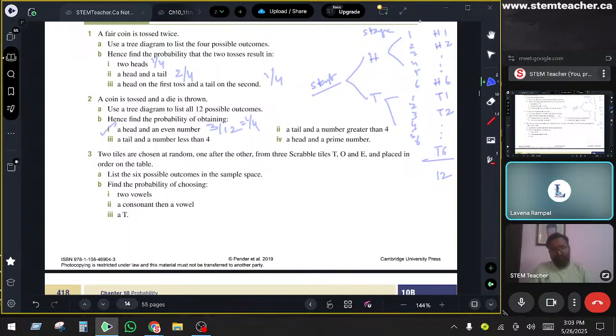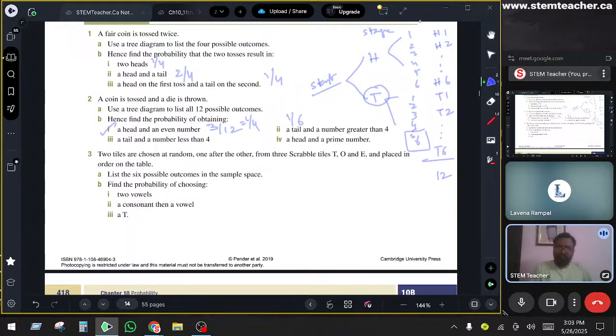A tail and a number greater than 4. Tail and greater than 4 means it's 2/12, so 1/6, right? Thank you.